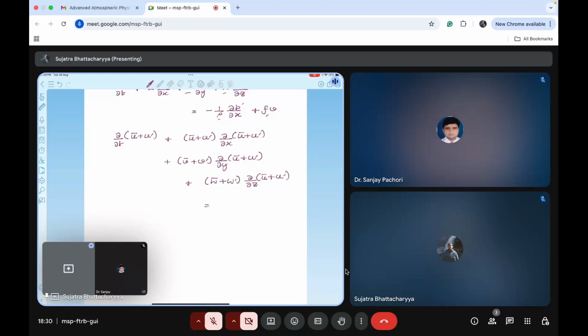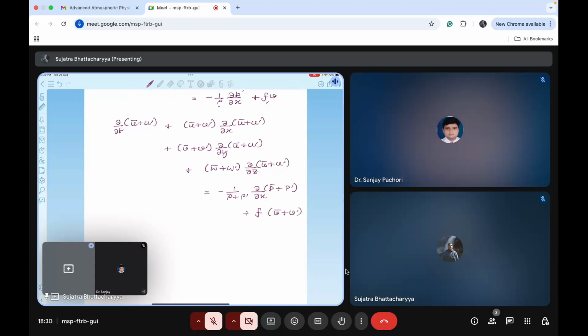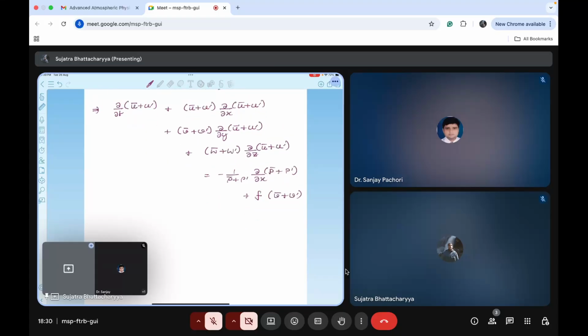On the right hand side, minus 1 upon rho bar plus rho dash times ∂/∂x of p bar plus p dash, and finally plus f, which is a constant, times v bar plus v dash. This is the perturbation method we have applied here.